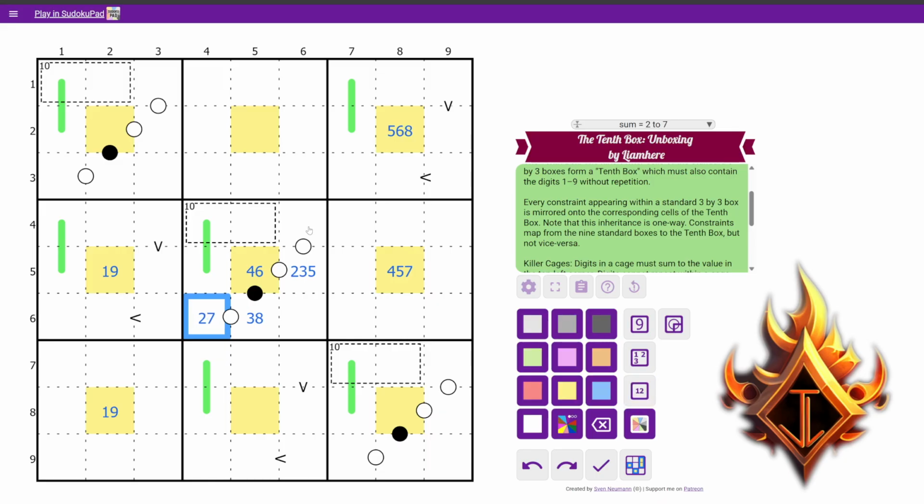So that is not 4. 2, 3, 6, 5, 4. It could be. This is not 2.